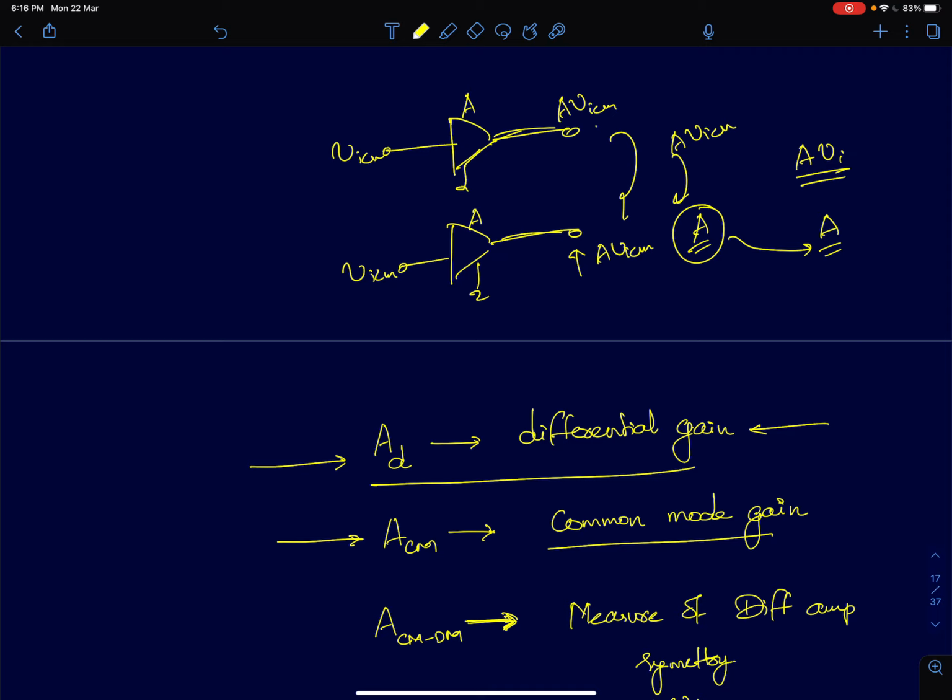differential mode gain. So the intuition should be that if a differential voltage amplifier is built using two identical single-ended voltage amplifiers, then shouldn't the common mode and differential gain be exactly equal? We will see that's not always true. So that's why this is an important parameter.